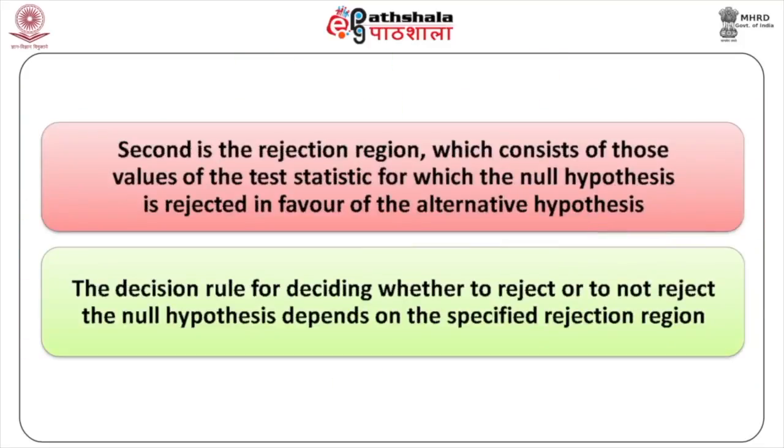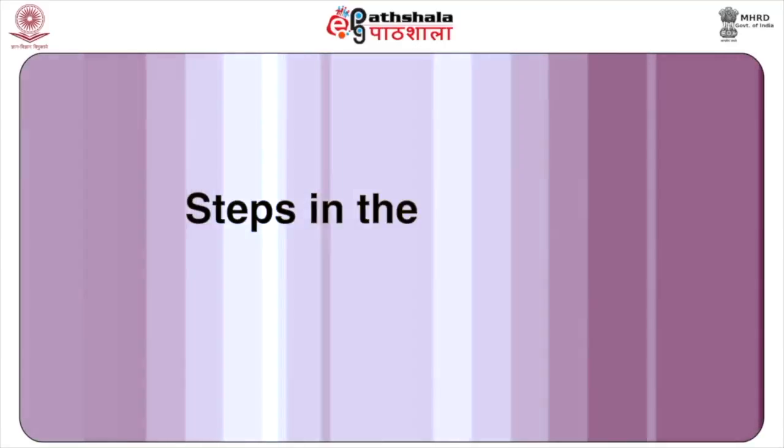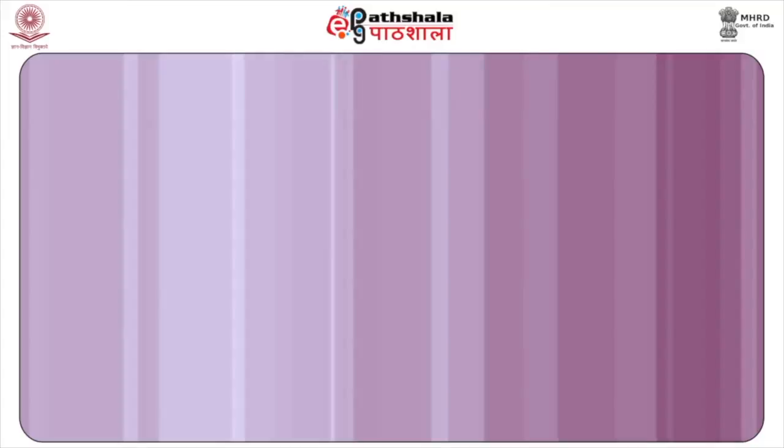Second is the rejection region, which consists of those values of the test statistic for which the null hypothesis is rejected in favor of the alternative hypothesis. The decision rule for deciding whether to reject or not to reject the null hypothesis depends on the specified rejection region.